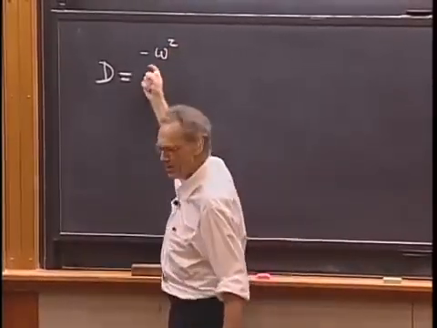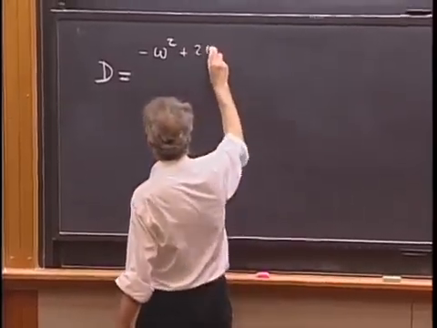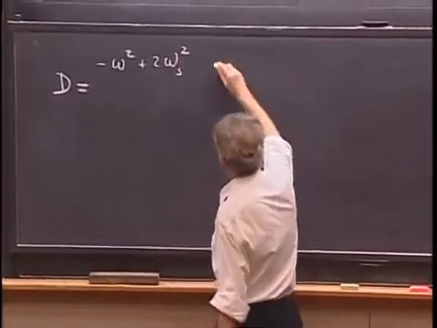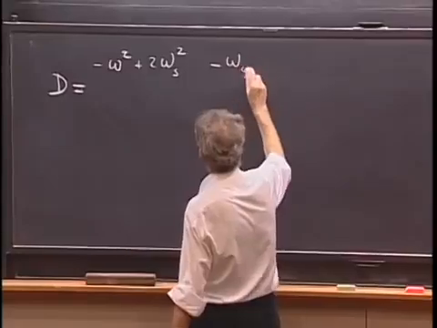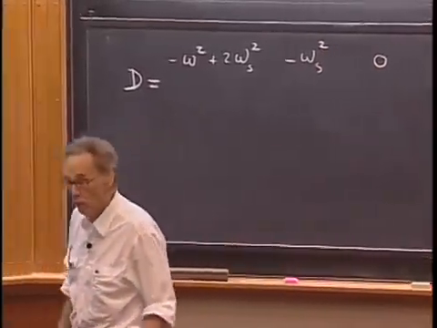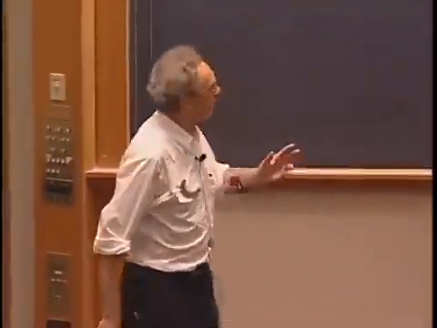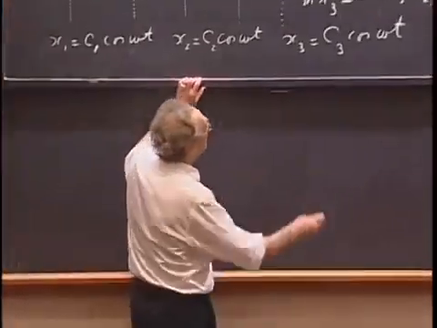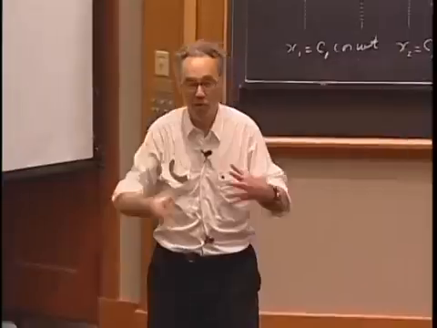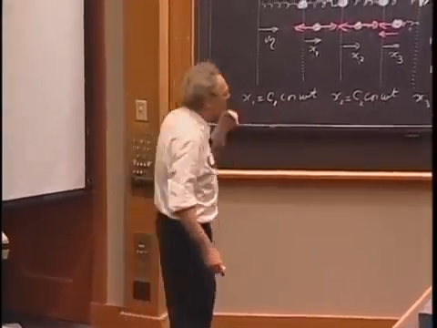You always get that minus omega squared out. And you get plus 2 omega s squared. Then you get in the second column minus omega s squared. And in the third column you get a 0. No surprise that you get a 0 in the third column, because the first differential equation has no connection with x3 at all. And so you never see anything in the third column, that will be a 0.